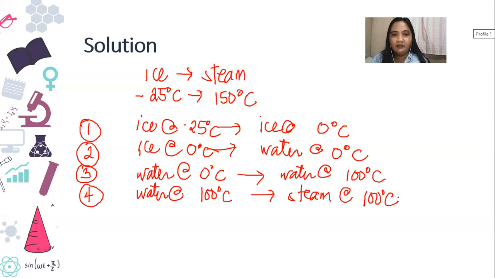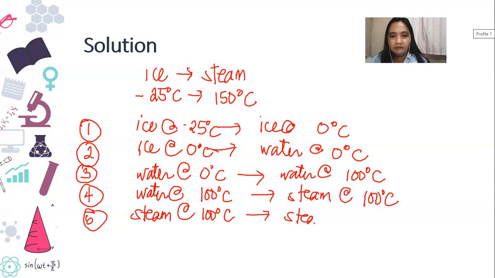And finally, we're almost there. So the fifth step is actually steam at 100 degrees Celsius to steam at 150 degrees Celsius.